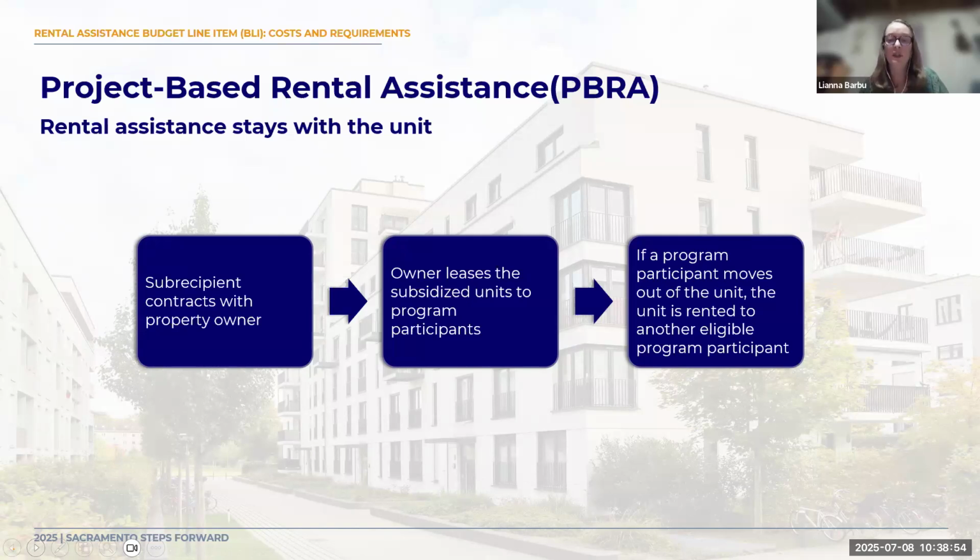The subrecipient contracts with the property owner, which is likely the developer, and the owner leases the subsidized units to program participants. If a program participant moves out of the unit, it is rented to another eligible program participant.